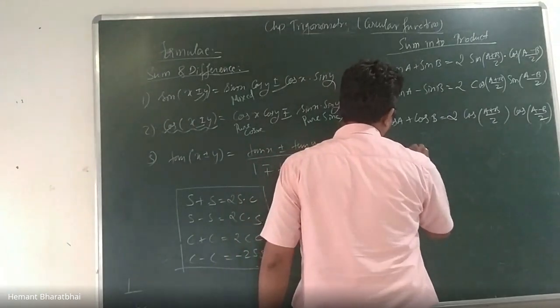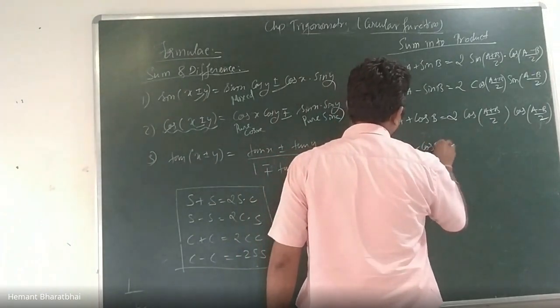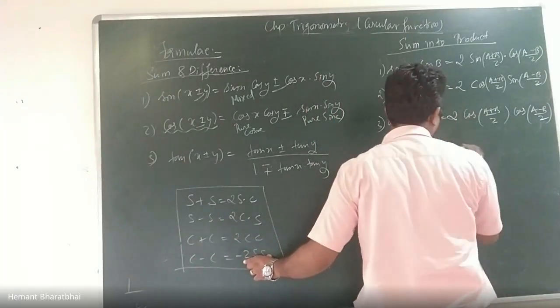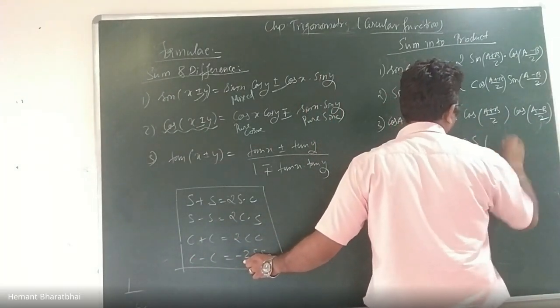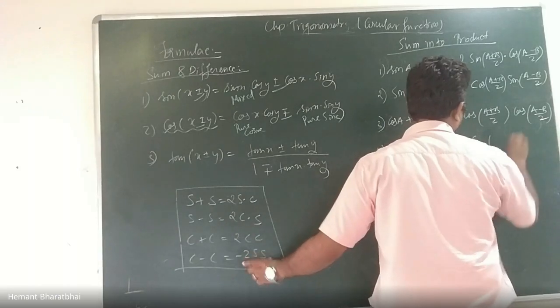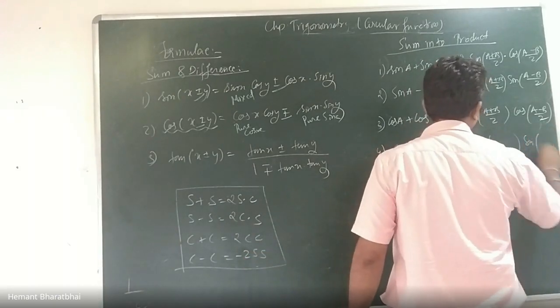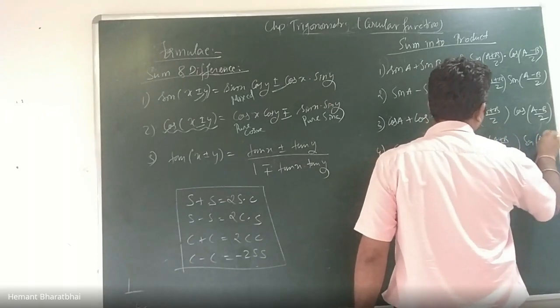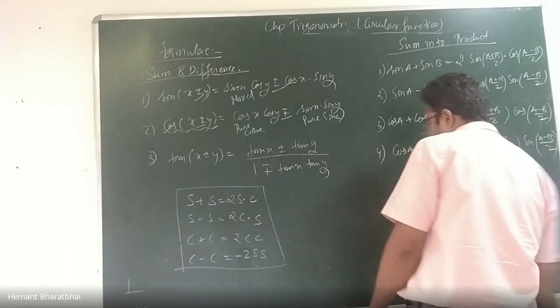Next, fourth, cos A minus cos B. That is 2 times, C minus C is minus 2SS, so I'll write minus 2SS. S stands for sine, so here I will write sine, and again I will write sine. First should always be written as A plus B by 2. Second should always be written as A minus B by 2.